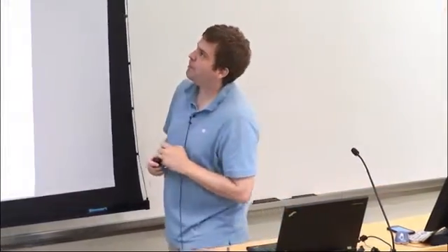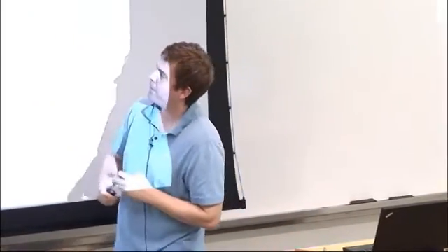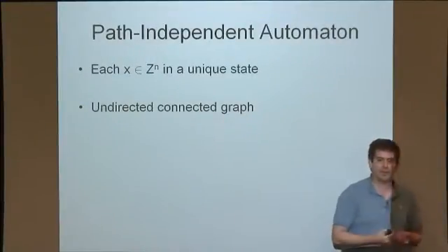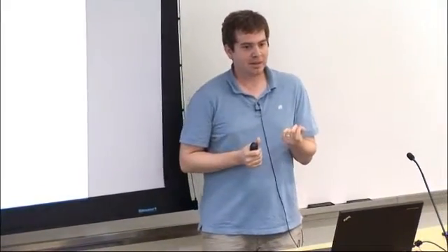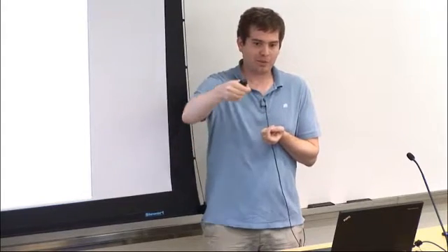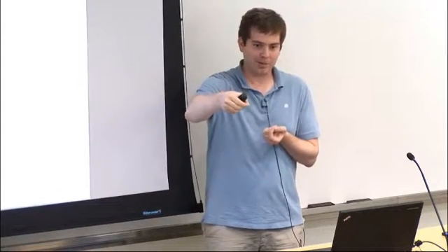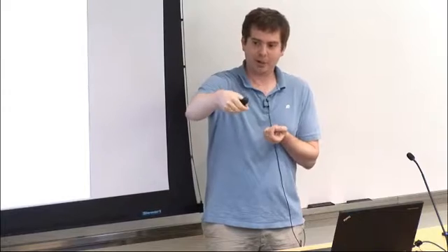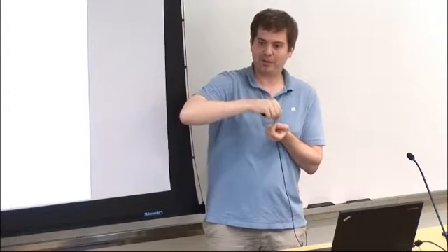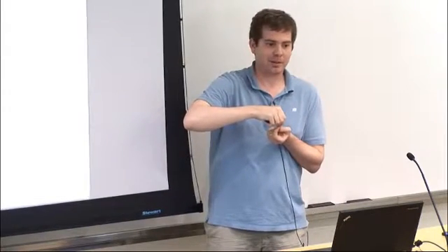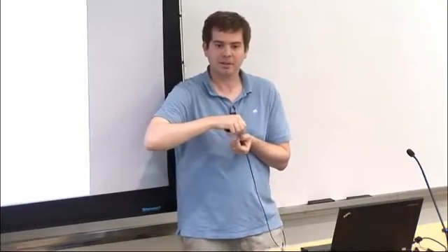If you have this path-independent property, you can think of this underlying automaton as being an undirected connected graph in the following sense: if I'm in some state and I add 1 to some coordinate and go to some other state, and I subtract 1, then I should go back to the state I started with. That's what it means to be path independent. So in some sense it's undirected, with parallel directed edges everywhere.